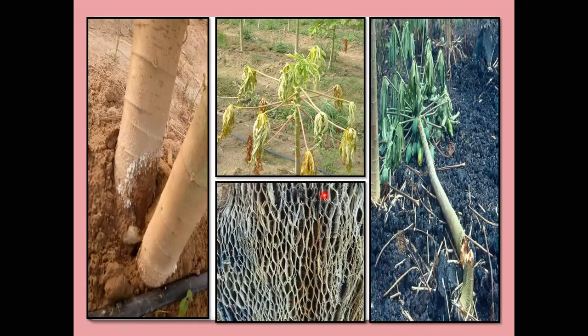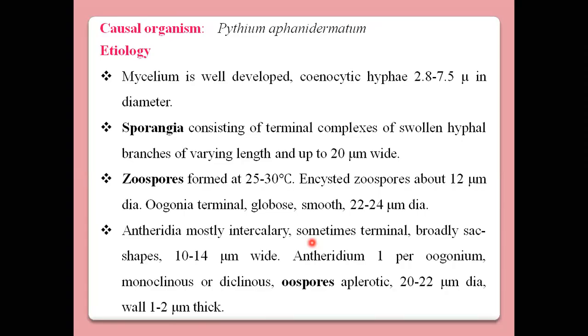The blackish parenchymatous tissue is seen, meaning the tissue is totally rotted. Simultaneously, a number of plants are infected by these Pythium pathogens, and many plants are seen infected particularly in papaya fields. So these are the symptoms.